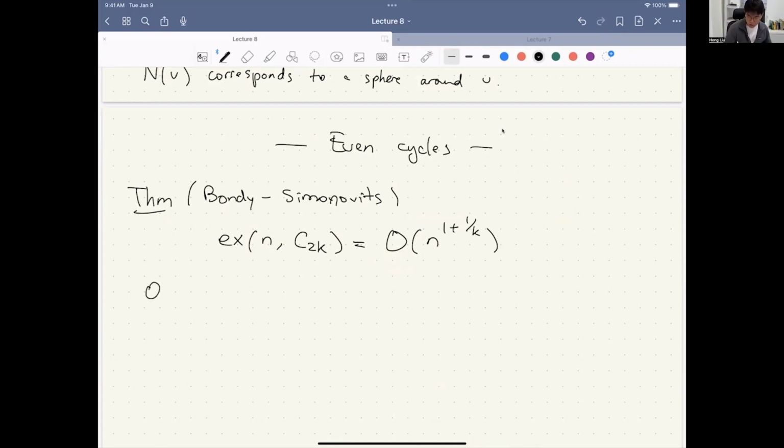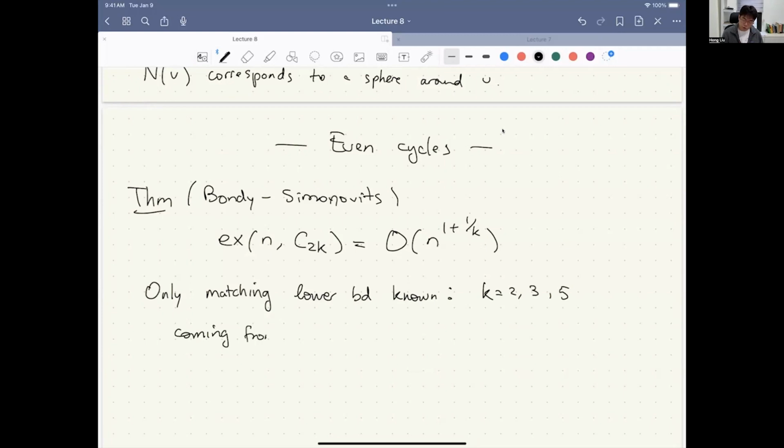The only matching lower bound known is when k equals 2. We've seen k equals 2, n to the 3 halves is C4. We also have it for 6-cycles and 10-cycles. That's the only thing we know, which comes from finite geometry, polarity graphs.